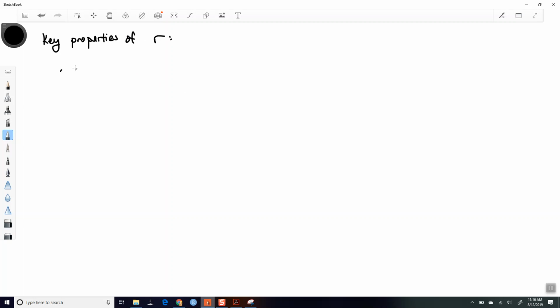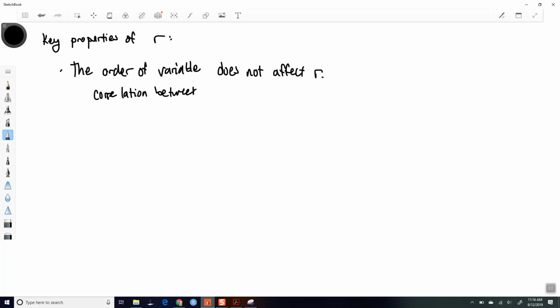All right, so number 1, the order of variables does not affect R. Okay, so correlation between x and y is the same as the correlation between y and x.